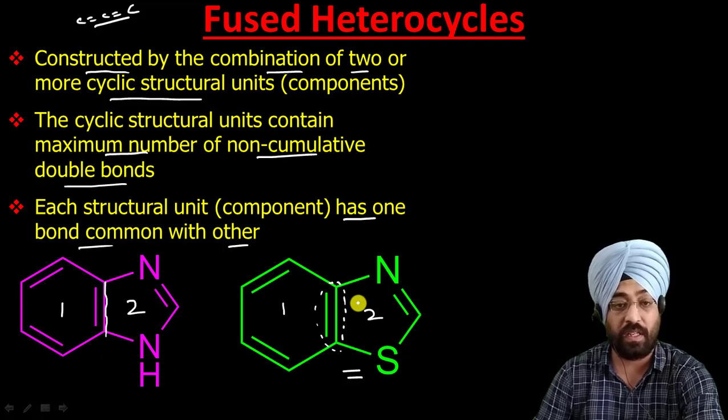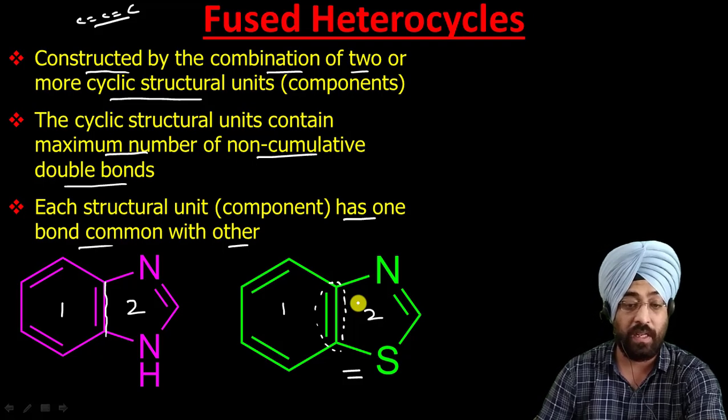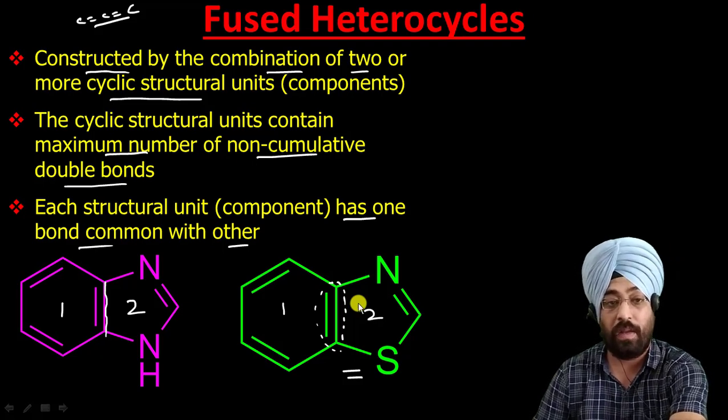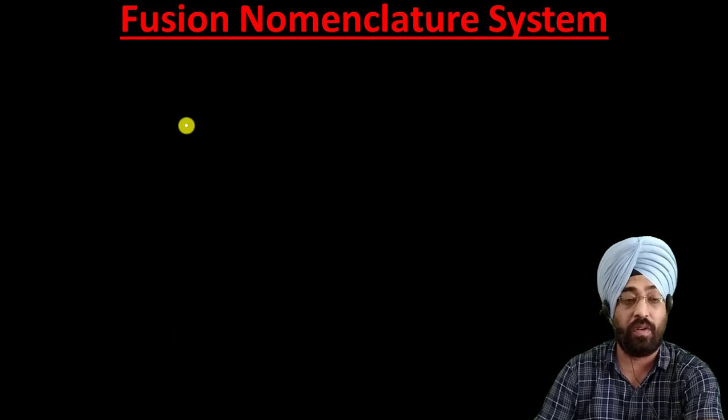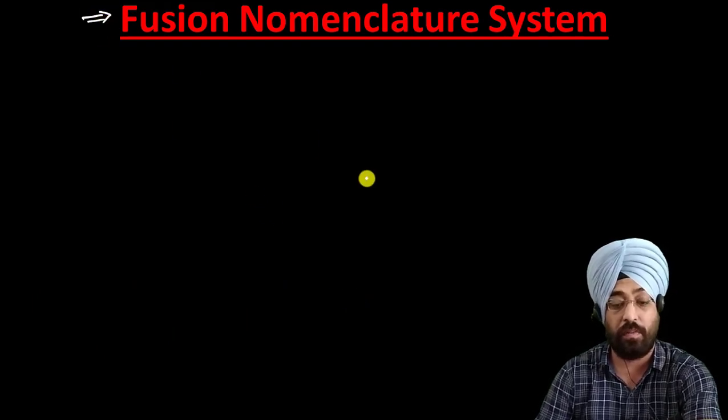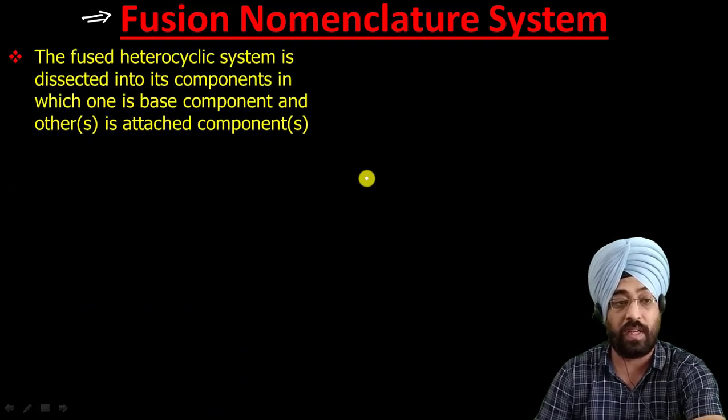So the basic, most common requirement is that these two cyclic compounds should have at least one common bond between them. Now how to name them, that is today's discussion: fusion nomenclature of fused heterocycles.